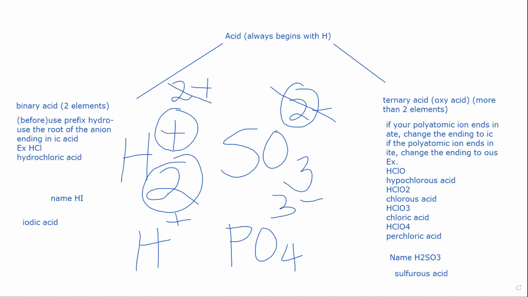When you see a subscript on an element, what does it mean? Okay, nobody remembers that one? What it means, a subscript down here, means you have 3 of these. And if you have 3 of these, you have a 3 plus charge, don't you? That's right, it tells how many atoms of the element there are. Yes, how many atoms, exactly.